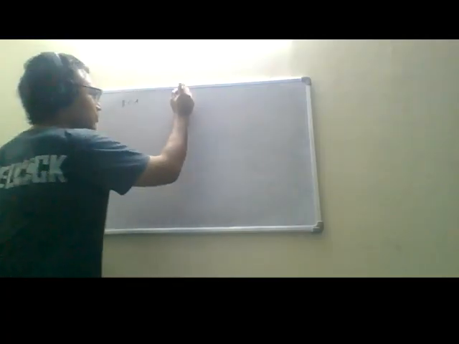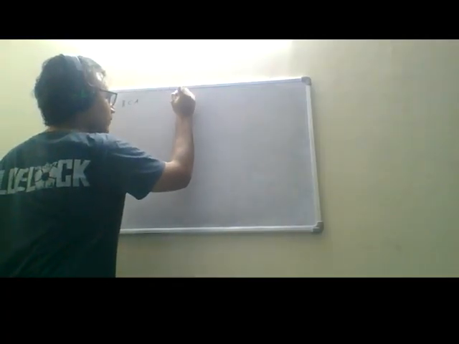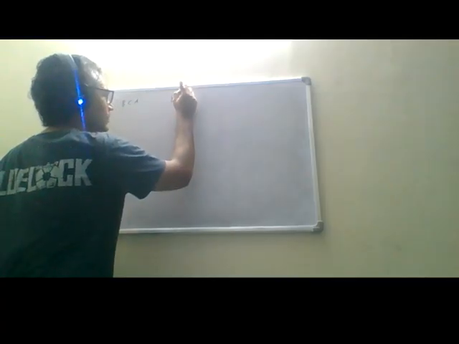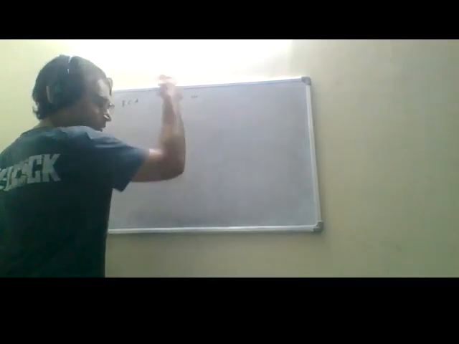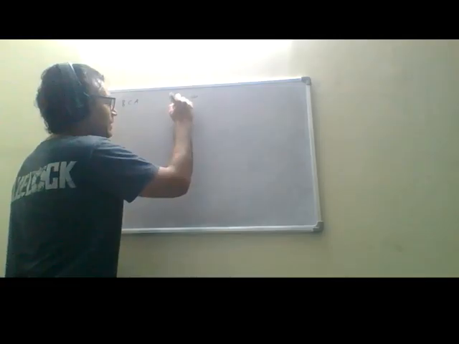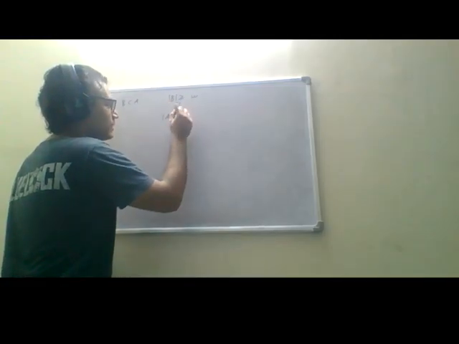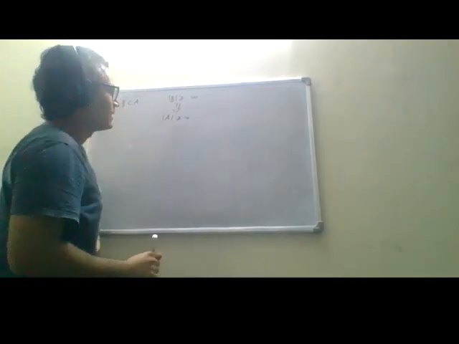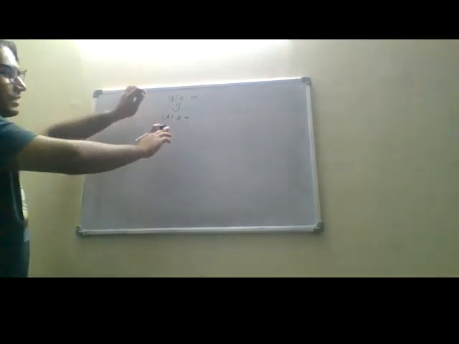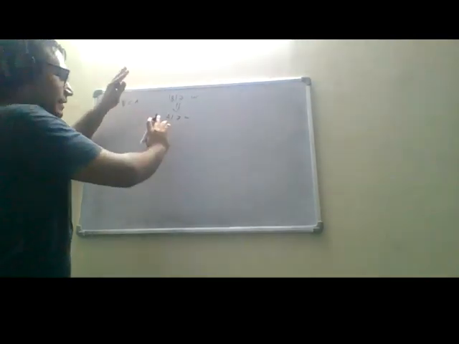We are assuming B is a subset of A. We have to show that if B is not finite, then A is not finite. That's how I'm going to write it, following the notation.